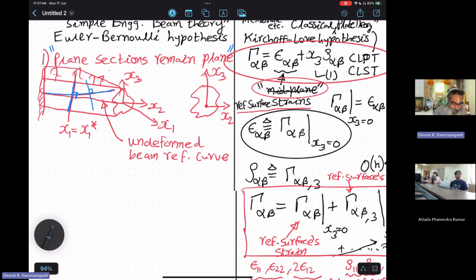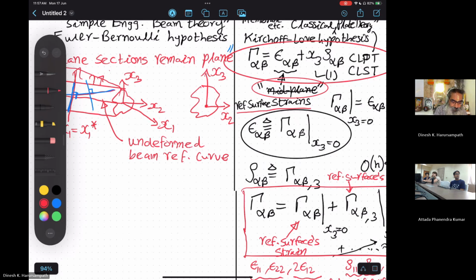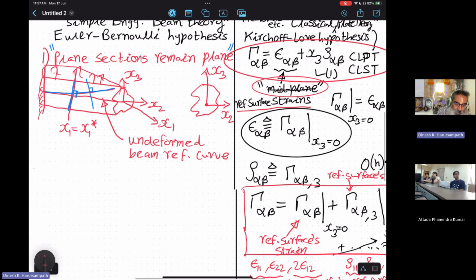Now we go back to the beam problem. There's a second assumption that you make in the simple engineering beam theory in deformable bodies, and that says that the plane section remains normal.